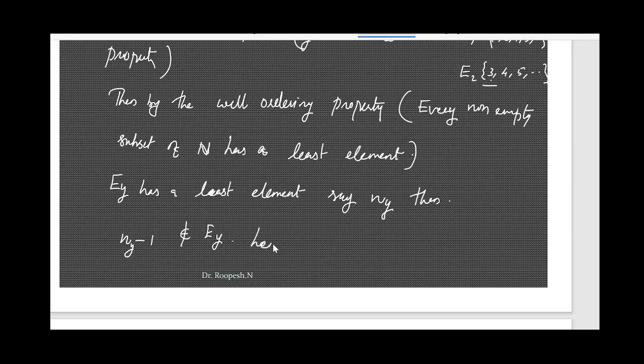Hence, we get n_y minus 1 is less than or equal to y. Am I right? Thus we get n_y minus 1 is less than or equal to y, which is strictly less than n_y.